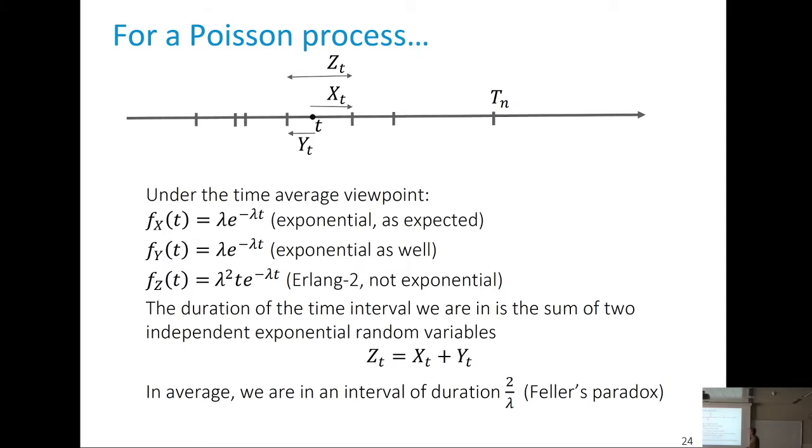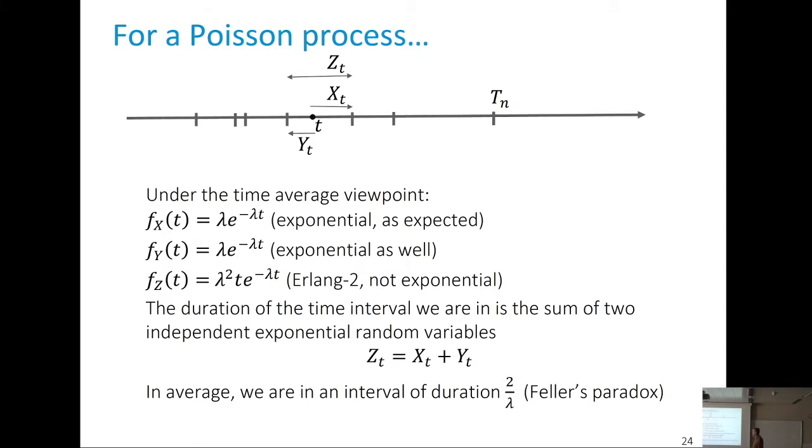The distribution of the elapsed time is the same, because of this reversibility property. But the distribution of the interval in which we happen to be now is not the same, because we can apply the formula before. In fact, it is the convolution of those two, which means x and y are independent.